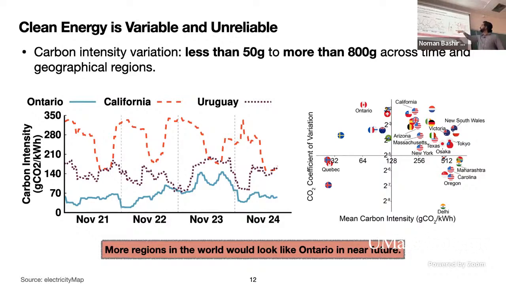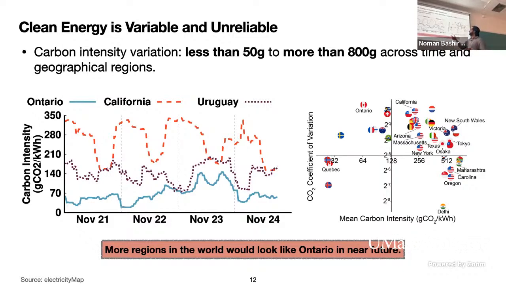Ontario has low carbon intensity overall, but it's variable. California has high carbon intensity, but its variations are much more significant, and it follows a periodic daily pattern, maybe because California has a lot more solar.